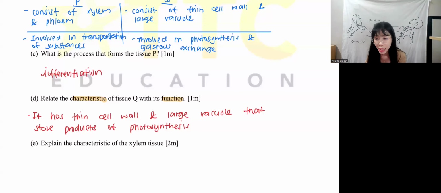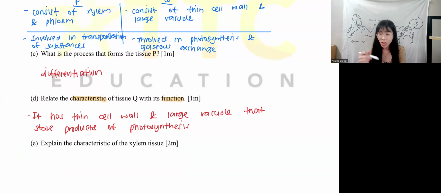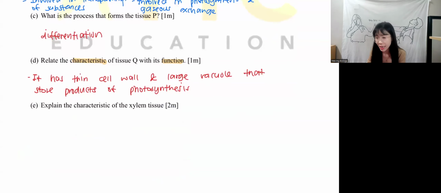Cortex is the name. So you have to write the characteristic. If you want to write that xylem cells are dead, I would not suggest that, because there's no cytoplasm. It's not even explaining anything good about xylem tissue. But you can write other characteristics of xylem, which is that they are strengthened by lignin. Very good. Lignin provides support to prevent the plant from collapsing.